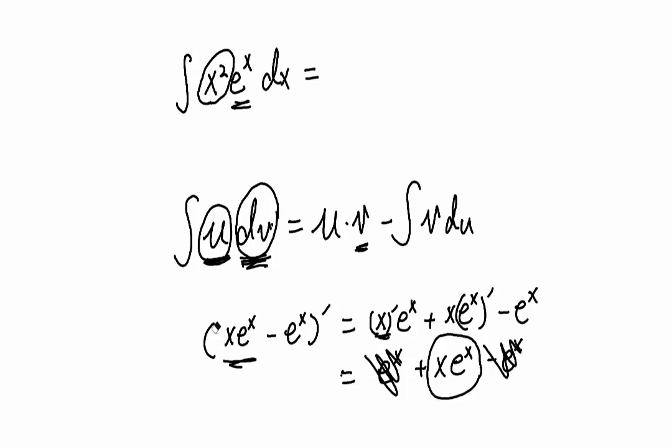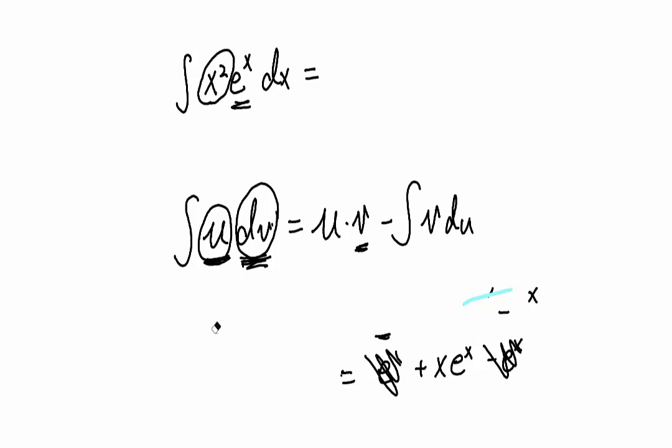How to get rid of the x squared? The method we just learned is integration by parts. Now we're going to have one special example right here for integration by parts. Let's start the same way we did before: which one are you going to assign for the u? That's very important. How do you think? Which one should we give as a u?